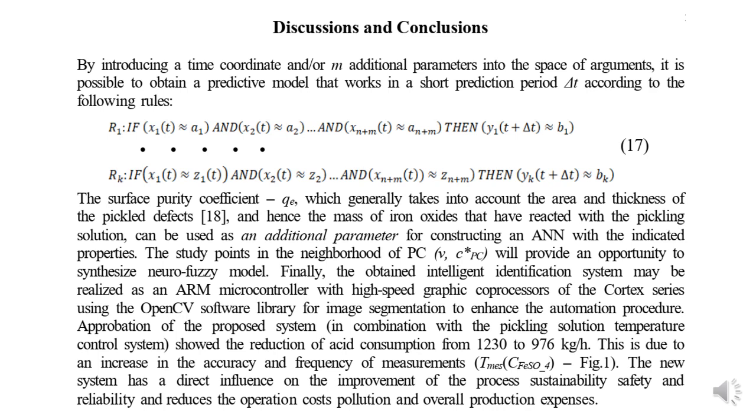This is due to an increase in the accuracy and frequency of measurement, time of measurement from concentration of ferrous SO4 presented on figure 1. The new system has a direct influence on the improvement of the process sustainability, safety and reliability, and reduces the operation cost, pollution and overall production expenses.